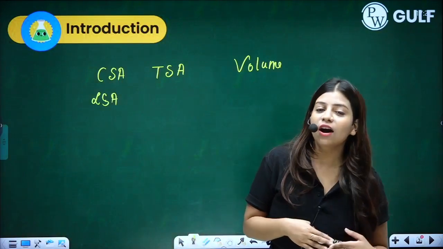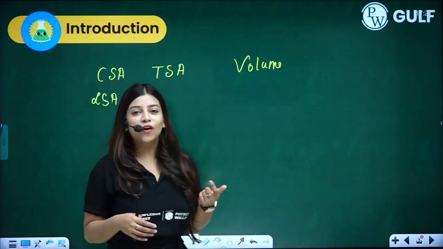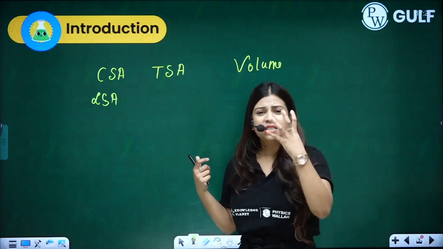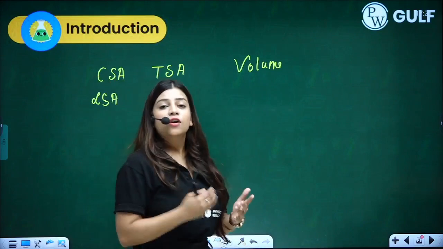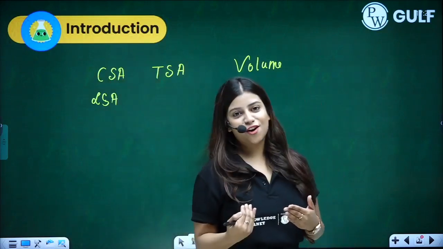So whenever we are learning about figures such as your cube, cuboid, right? When we have a figure that has plain faces, that is where LSA comes, that is lateral surface area.